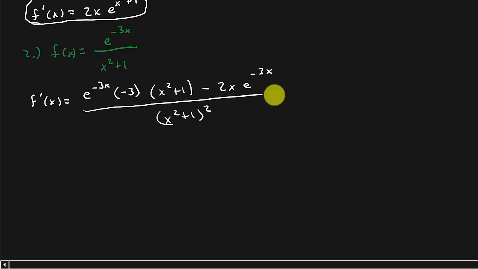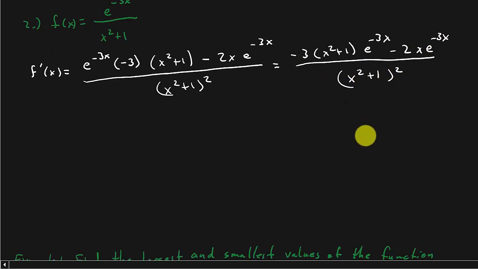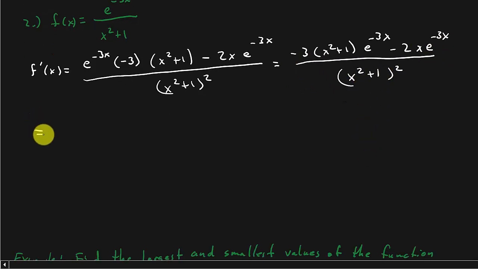And so here, let's put an extra step in here. 2x e to the negative 3x, all that over x squared plus 1 squared. All right, so now what I like to do here is factor out that common factor of e to the negative 3x.